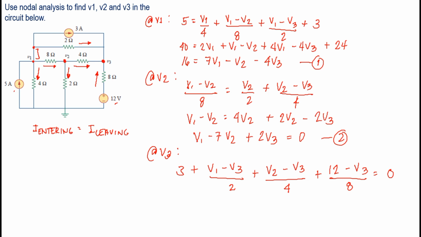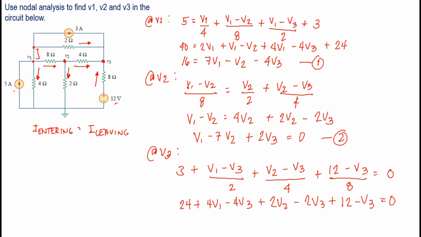Then multiply just the left side by 8, because the right side is just 0. So we'll have 24 plus 4V1 minus 4V3 plus 2V2 minus 2V3 plus 12 minus V3 is equal to 0.